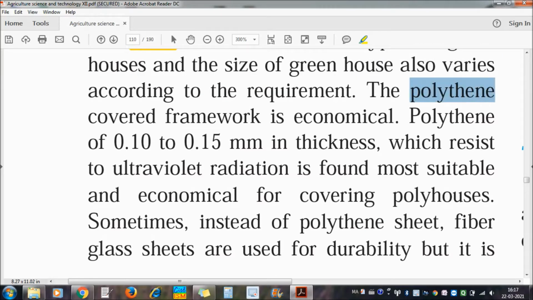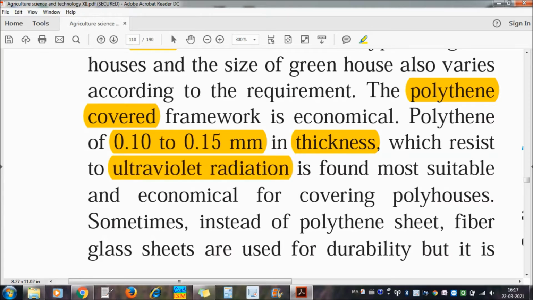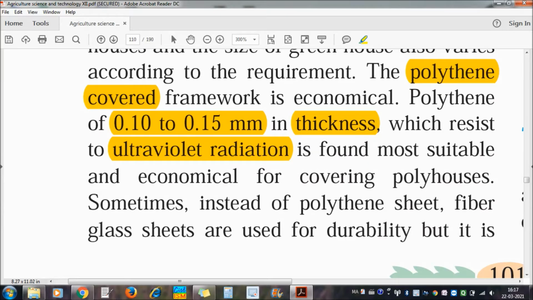Then here polythene cover is used for this purpose on a framework. Polythene should be of 0.10 to 0.15 mm in thickness. This much should be the thickness of the polythene which you use. So this polythene will resist ultraviolet radiation coming into the house, and this is also very economical one. Requirement of expenditure is also quite less.